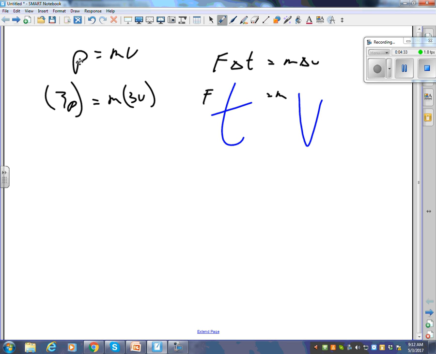So again, in F delta T equals M delta V, you can't change the mass of the car, you can't change the delta V, so if you increase the time, then to make the left and the right balance, what does that do to the force? Decreases the force, which is much better if you happen to be sitting in that car. That's why we have crumple zones.